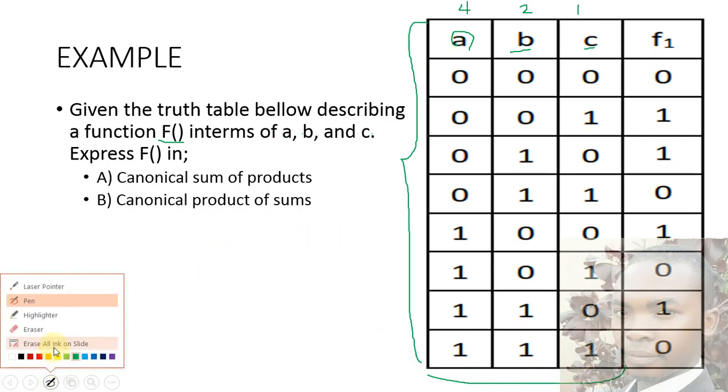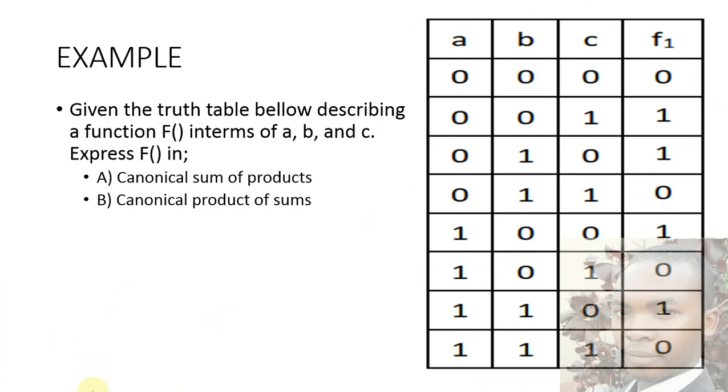So this is what they said, that for a given function, this f varies with a, b, c. So they maybe got an answer or a product somewhere, and then they put it for us here. So they want us to get the canonical sum of products.